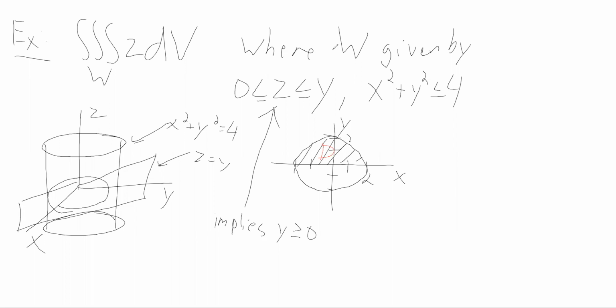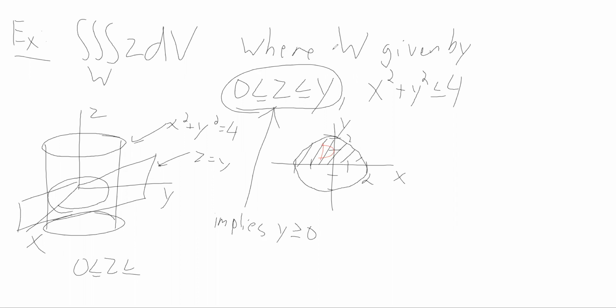So we're going to get our bounds, right? We already have z goes from 0 to y. Those are our bounds for z. Except, remember, in cylindrical coordinates, there is no y. So we need to change y to its equivalent in cylindrical coordinates.